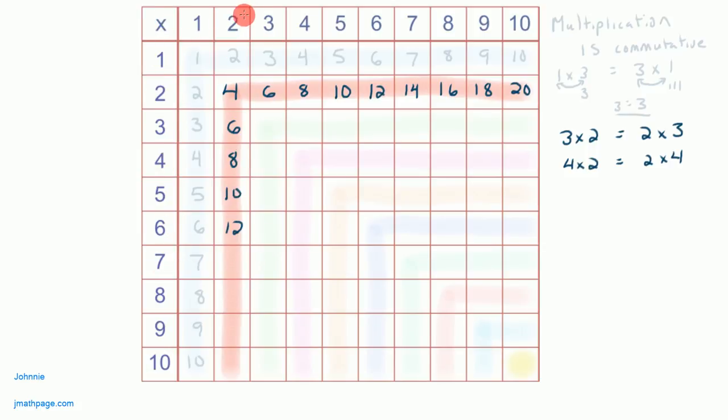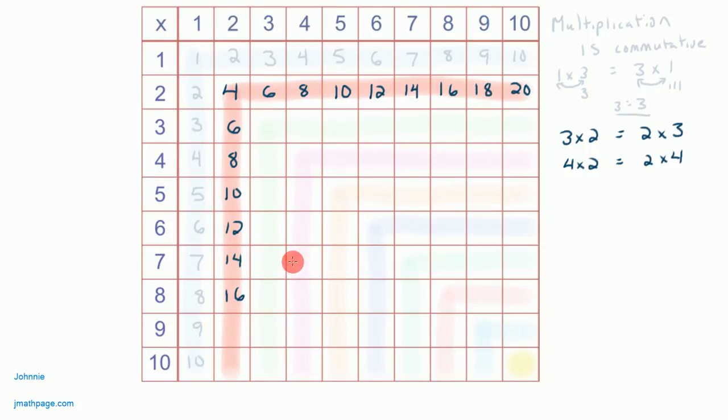7 times 2 should be the same as 2 times 7. Okay, so we have 14 here, seeing our pattern. What's the next one? Do you see it? 8 times 2 is the same as 2 times 8. So this one could be 16. 9 times 2 here should be the same as 2 times 9, which is 18.